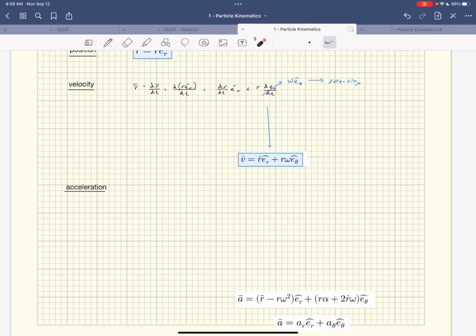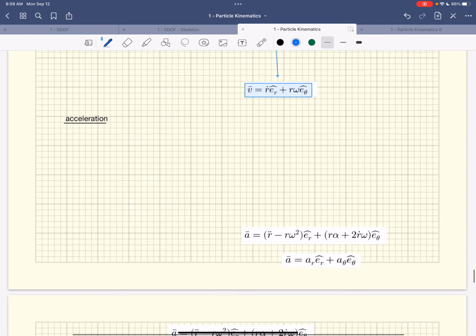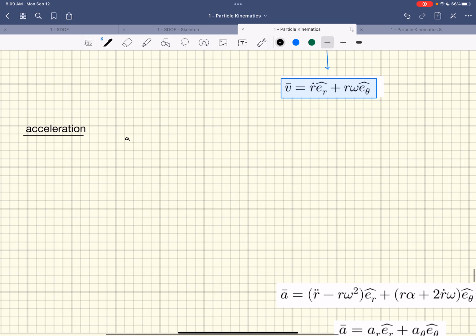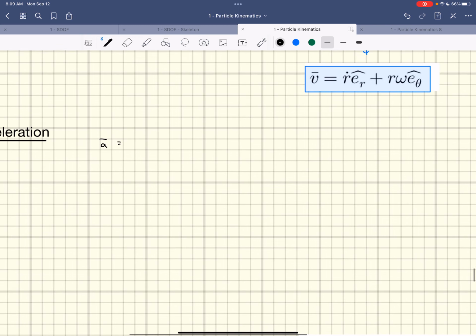Acceleration now, we just take the derivative of this. And this thing kind of blows up on us a little bit because we have to apply the product rule a couple of times. So acceleration is equal to the derivative of the velocity with respect to time.